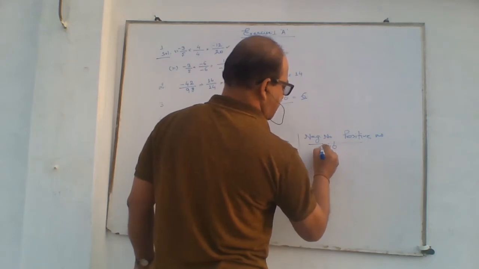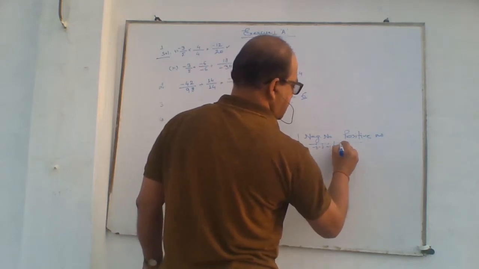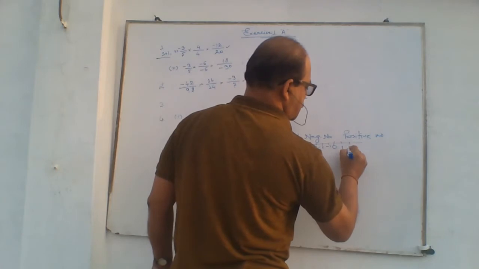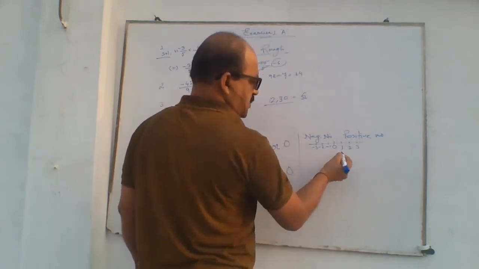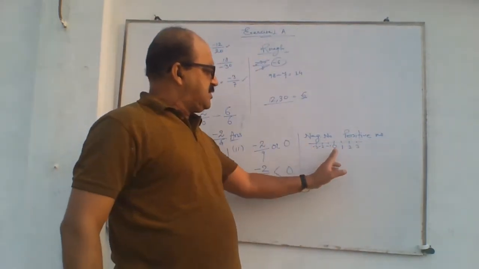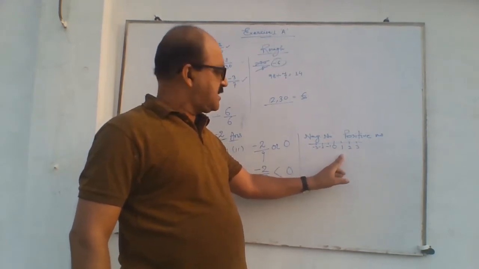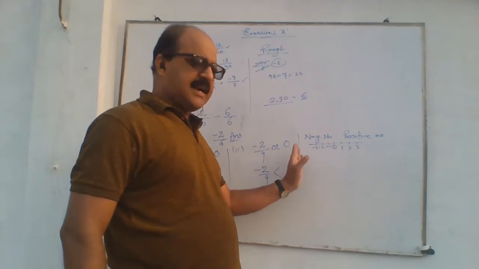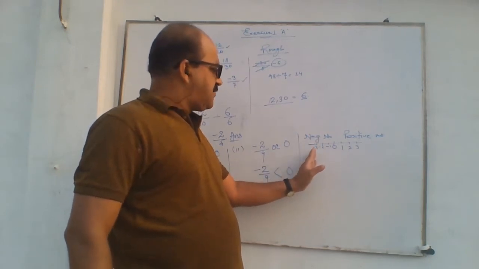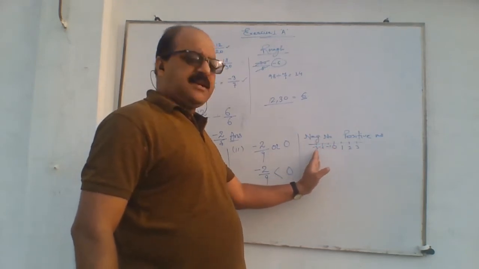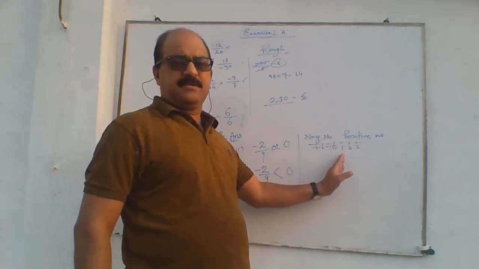Minus 1, minus 2, minus 3, 1, 2 and 3. So what do we find? 0 is less than a positive rational number, and 0 is greater than a negative rational number.